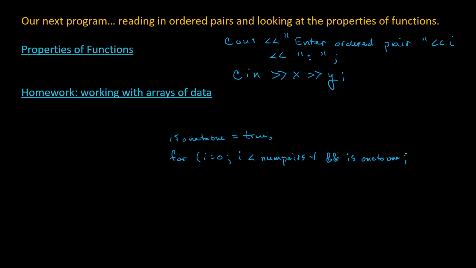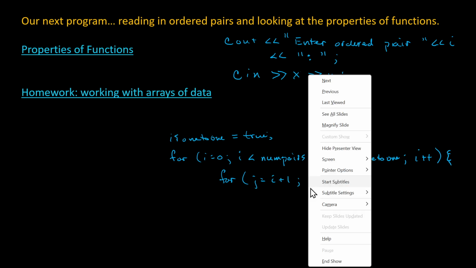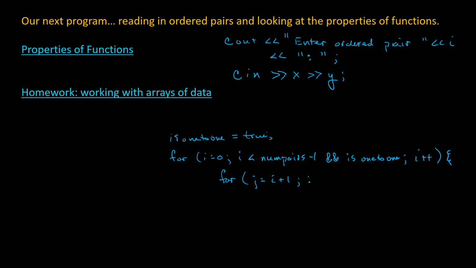You don't have to spell it out this way. I'm writing it this way to make sure everybody understands. Okay, it'll be i plus plus. Inside here, I'll have for j equal i plus 1, j less than num pairs, and is 1 to 1.